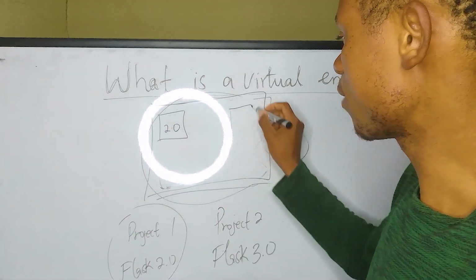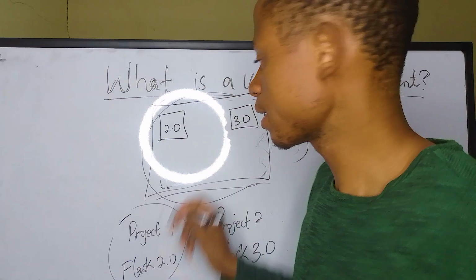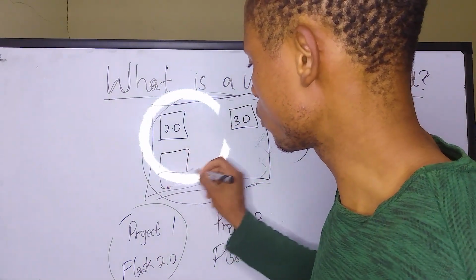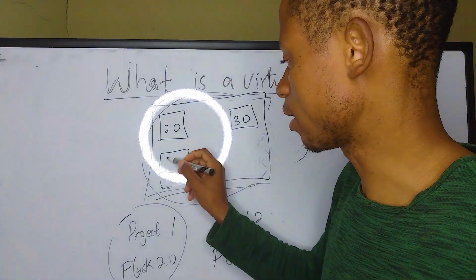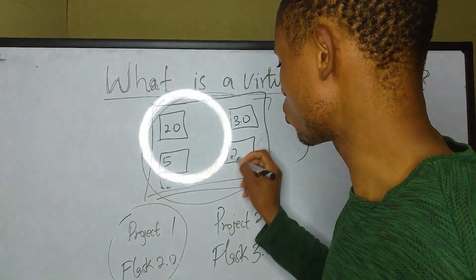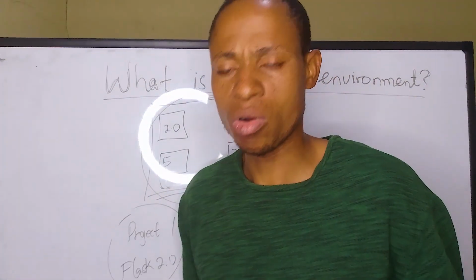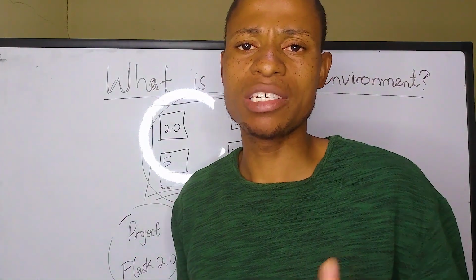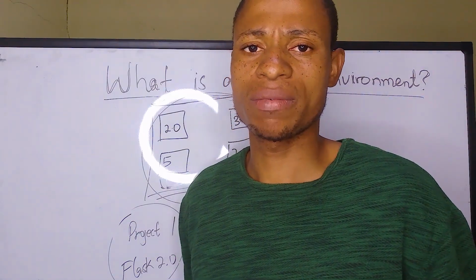You can create another environment which requires Flask 3.0. You can create another environment which is using, for example, Django 5 point something, and another one which is using Django 2 point something. So you are not compromising the other projects. Each project can work separately with its own dependencies.